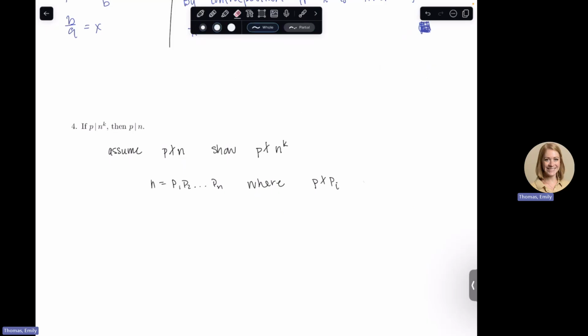Well, it's a lot of notation happening. This is its prime factorization, which we can do because of the fundamental theorem of arithmetic. The fact that p does not divide n means that none of these p's is equal to p sub i. I guess I can put not equal to this.